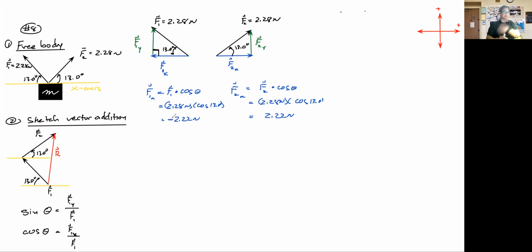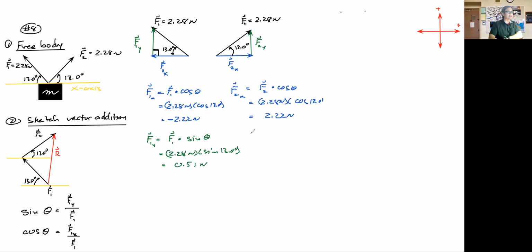With that said, we now have the x components. Let's solve for the y components of both of these. For the y component of F1, it's the force vector times the sine of the angle that we know. That's 2.28 newtons times the sine of 13 degrees, and if you plug that correctly into your calculator, you get 0.51 newtons.